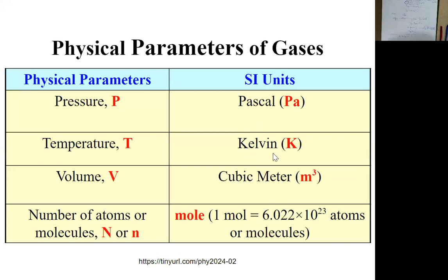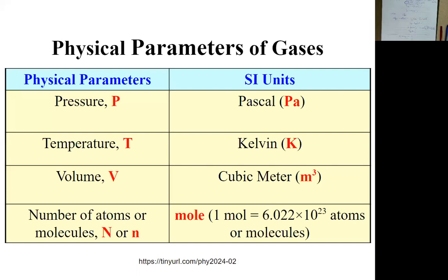Temperature, a lot of times you are given in degrees Celsius, which is used a lot in science, but it's not the SI unit. And volume, a lot of times you are given in liters. Liters is not meters cubed. 1 liter is 1,000th of a meter cubed. Just pay attention to the units there. The last quantity you need to describe the ideal gas is the number of atoms.